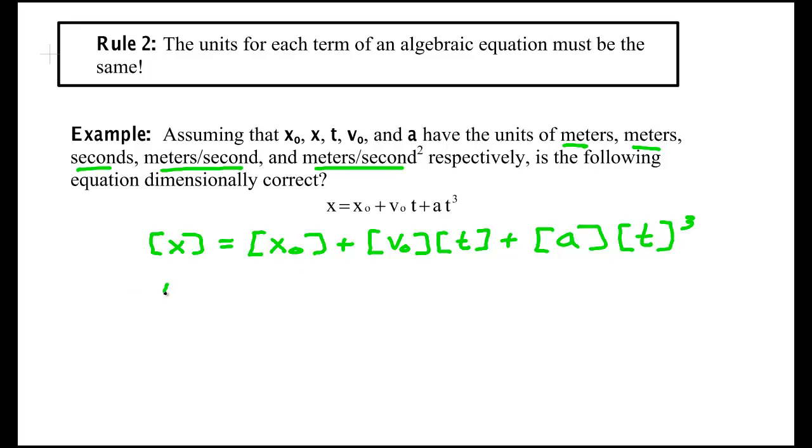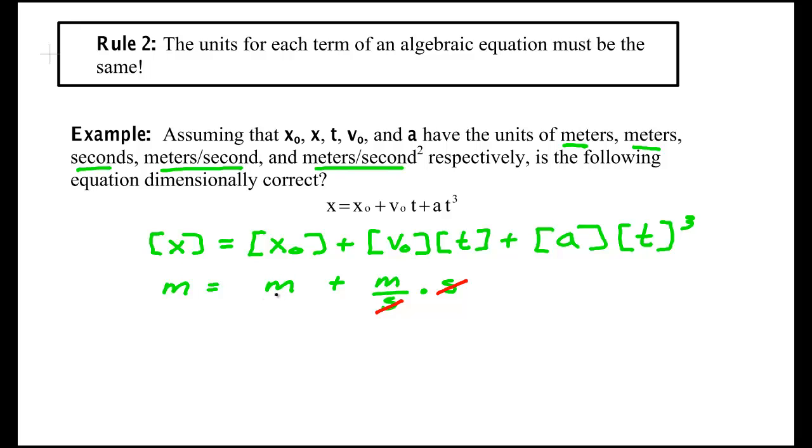The units of this are meters. The units of that are meters. The units of this are meters per second times second. Well, when I look at that, second cancels that second. The units are meters. Same as this, same as that.